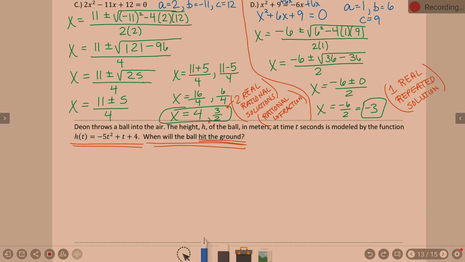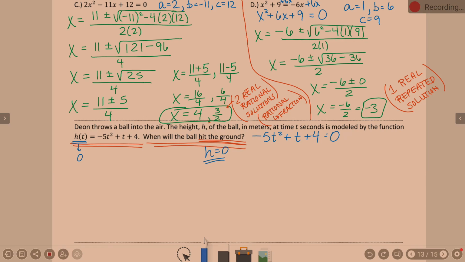What's the height of the ground? 0. So when will h be 0? So basically, you are setting your equation equal to 0. So negative 5t squared plus t plus 4 equals 0.